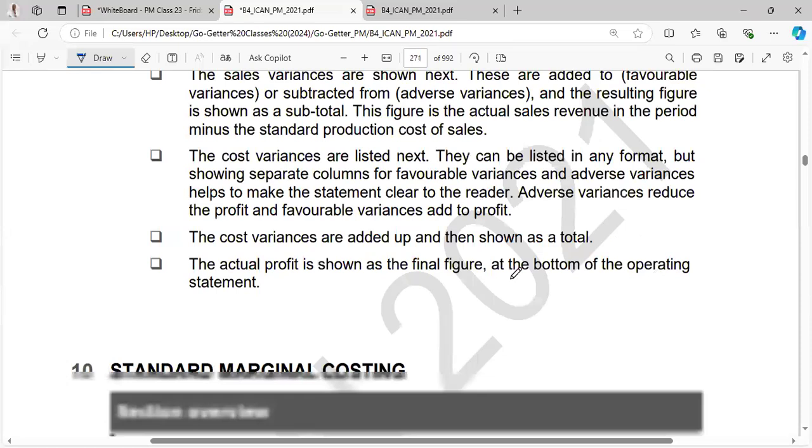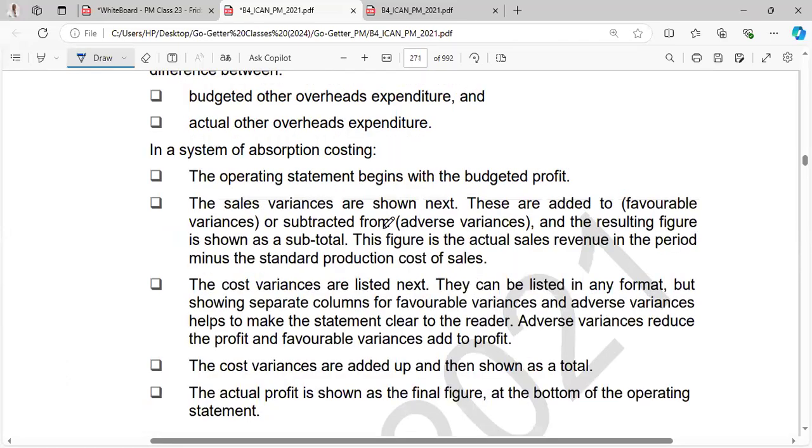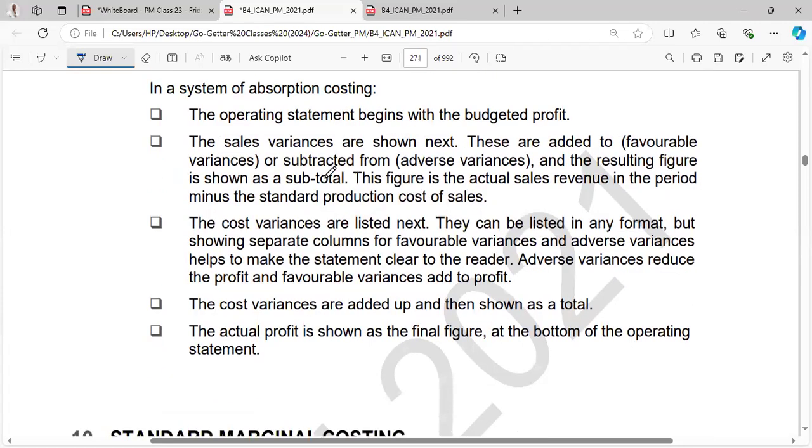So variances, these are exactly what I just said. All right, so we begin with the budget profit, then the sales variances are shown next.